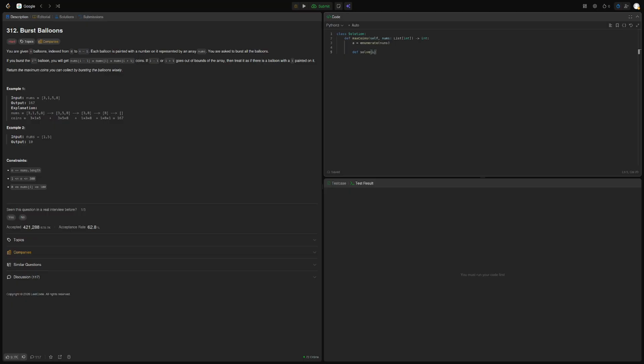This is the index we are on, and that's it, I guess. And then let's see, and we start with solve 0, and what we can do.